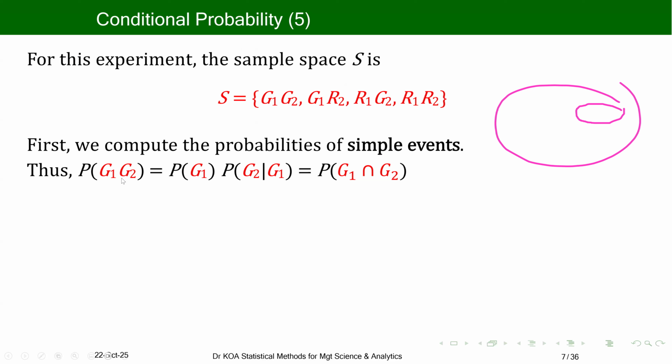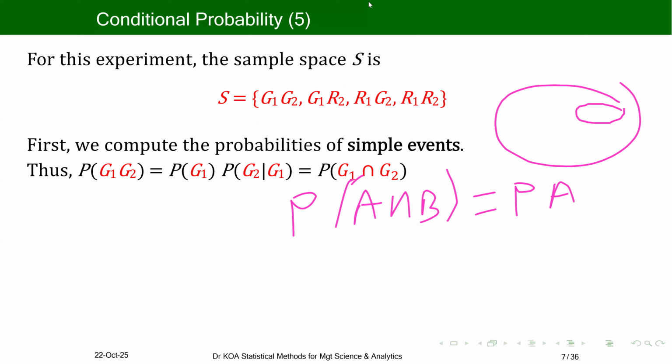So another way of writing the probability of A intersection B is simply as the probability of AB. It's the same thing.